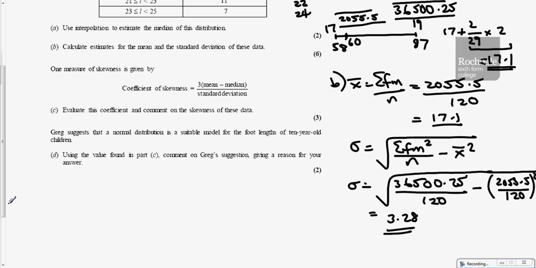The next step asks us to measure the skewness. Now you will have been reading through your notes and you will know that there are some rules relating to skewness, and they've given one of them here for us. You have to work out 3 times the mean. Now I'm going to use the exact mean here, which was 2055.5 over 120.